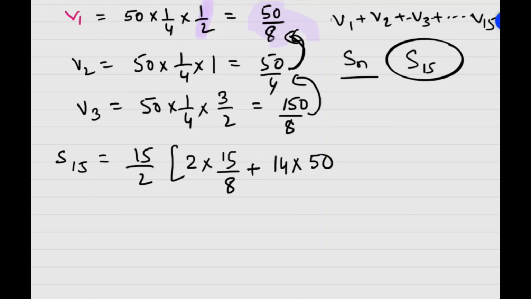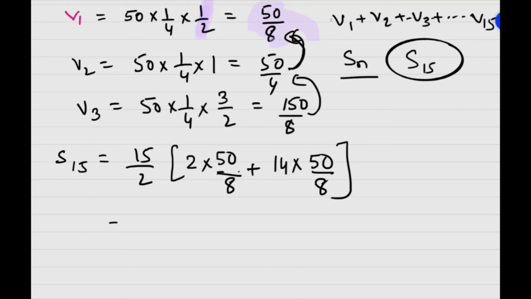Children, don't forget, it is not 15 by 8, it is 50 by 8. Both our A and D are 50 by 8. So this you have to keep in mind. You should not rush to solve the question. Otherwise, there is a chance of doing a lot of mistakes.